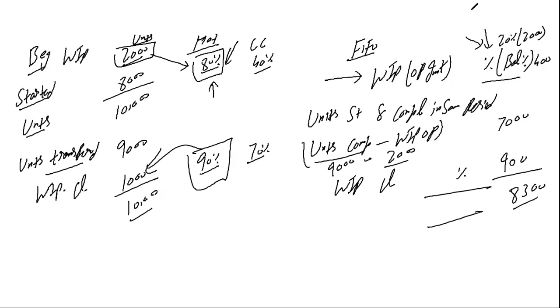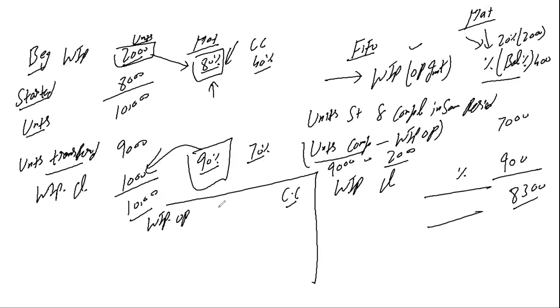And this calculation we did for materials. Now, students, for your better understanding, I'll perform the same calculation for conversion cost as well. Conversion cost. So, students, the formula will remain the same. I'll write work in process opening, and here I write percentage, and you know the meaning of percentage very well.